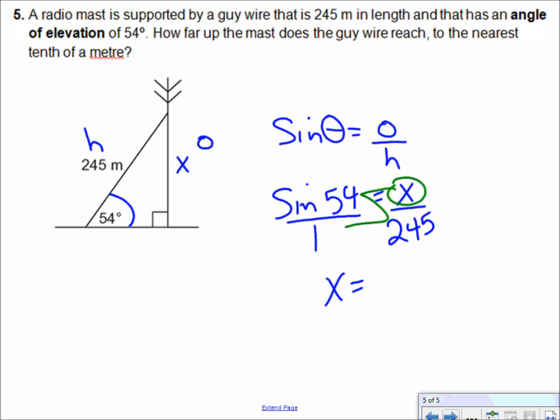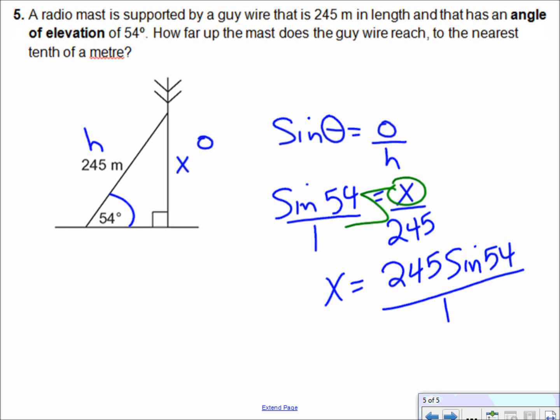Now everyone look up for a second. If you go sine 54 times 245 in your calculator, you will get the wrong answer. What actually happens is it takes the 54 and multiplies it by the 245, and then it takes the sine of it, okay? So what you need to do is put the number first and then the sine of 54 so that your calculator does it appropriately.